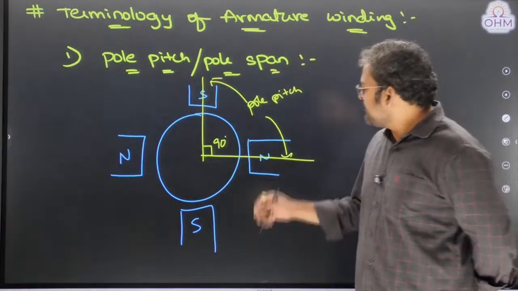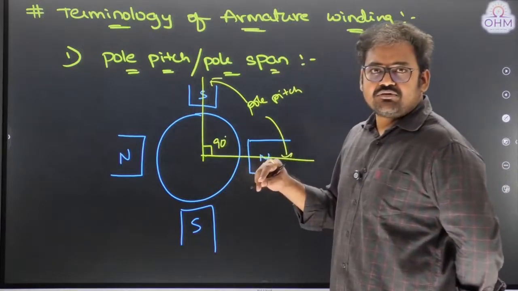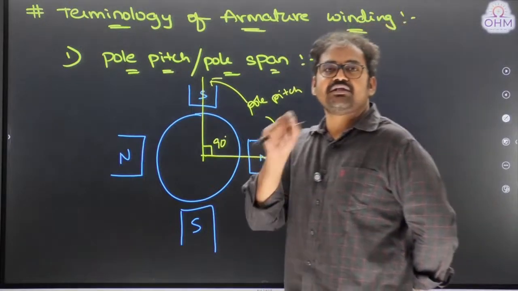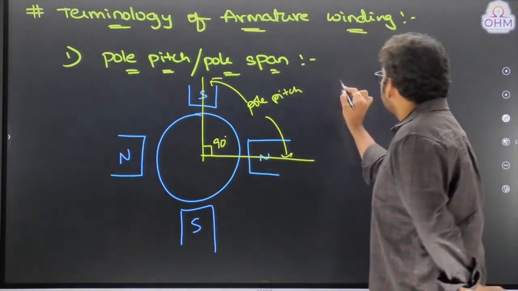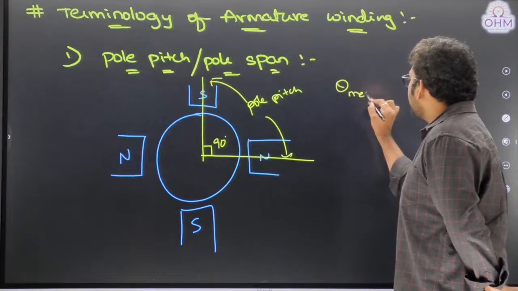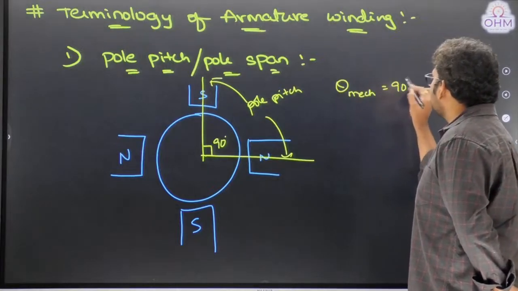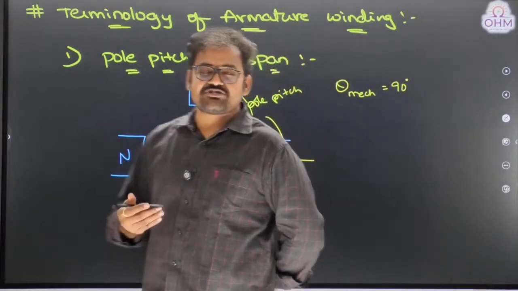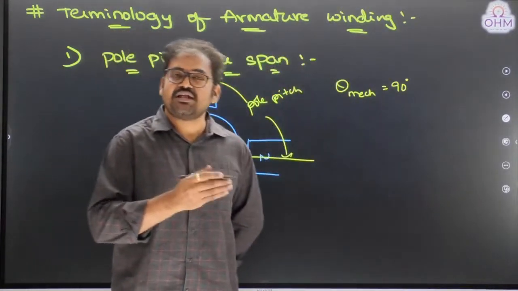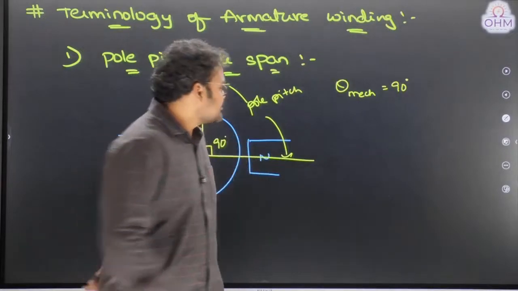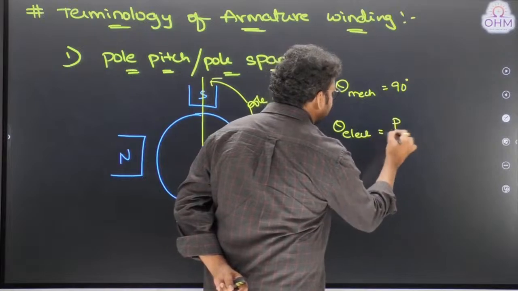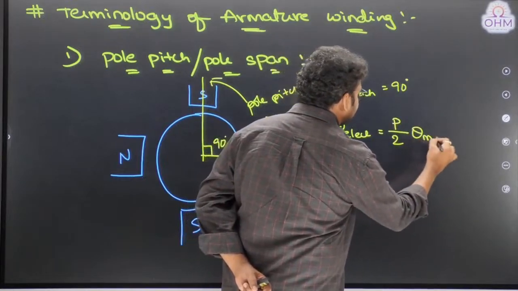Whatever angle we are able to observe physically with our eyes, that is what we call mechanical angle. So here the pole pitch in mechanical angle was equal to 90 degrees. But while writing mathematical equations, we must always use electrical angle only. Electrical angle is always equal to P by 2 times the mechanical angle.